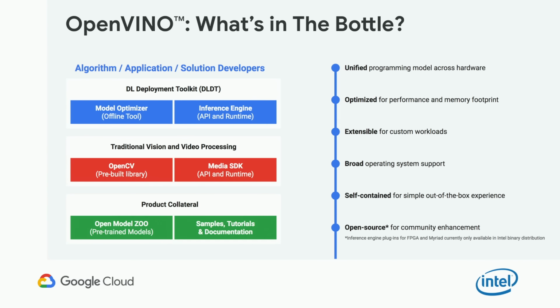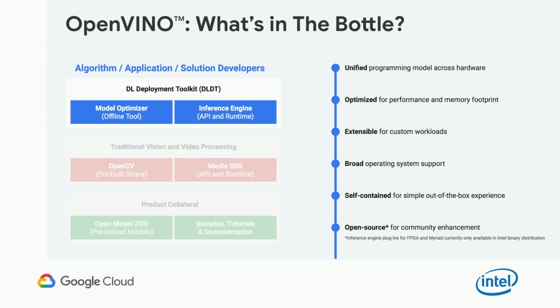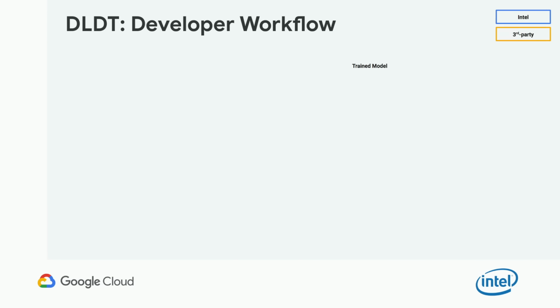The main component that we will focus on in this presentation is DLDT, Intel's Deep Learning Deployment Toolkit. It offers a model optimizer and an inference engine for optimal inference across various Intel hardware products. The Deep Learning Deployment Toolkit, or DLDT, is easy to use and provides high performance across Intel's hardware products.